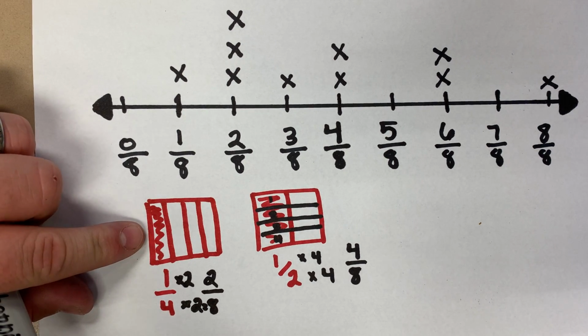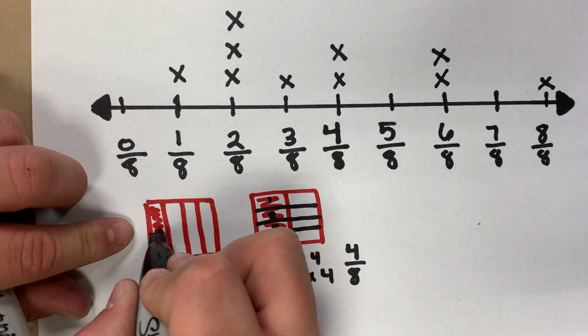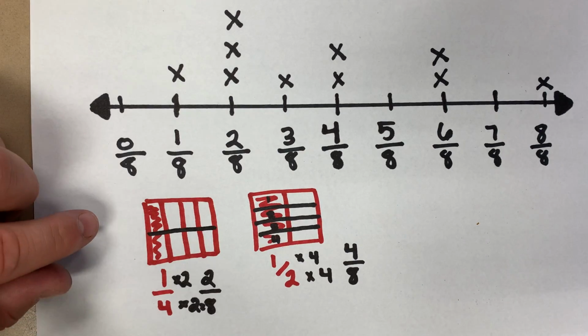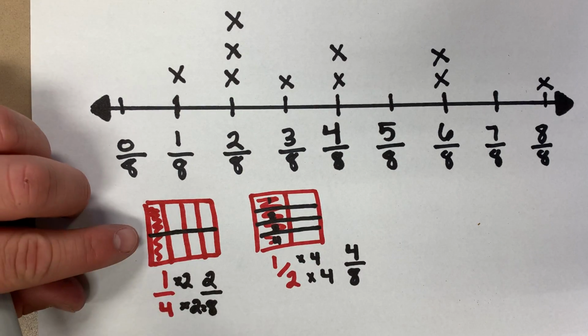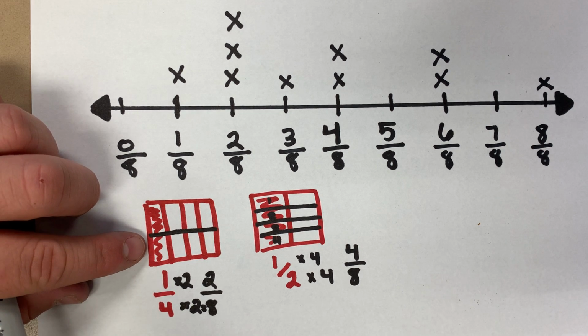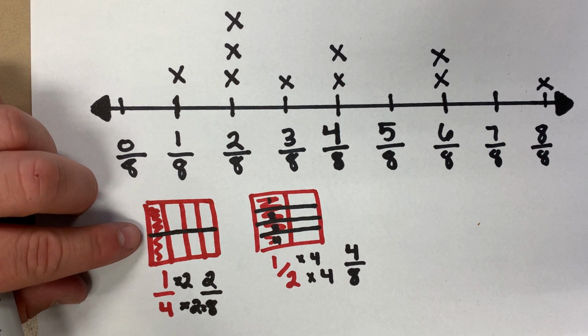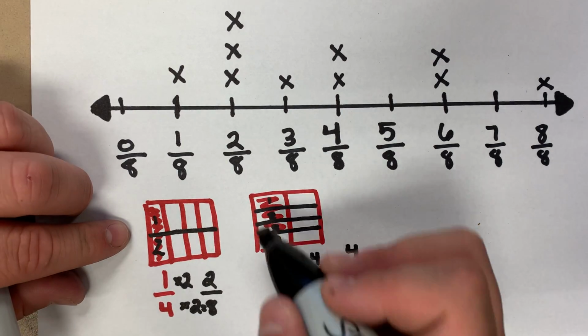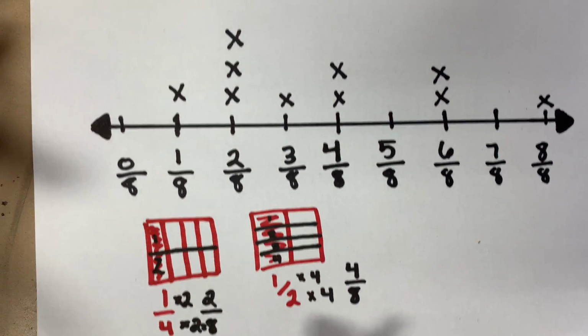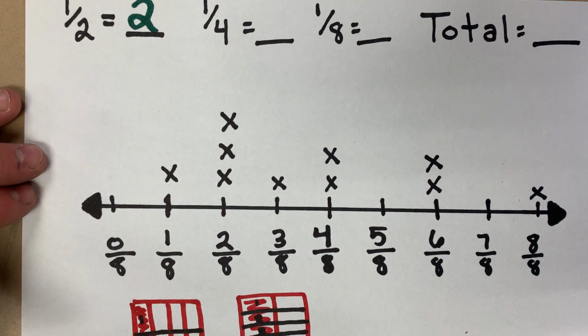And again, visually, I'm going to cut this horizontally into 2 pieces. That gives me 8 possible parts, but only 2 are shaded in. So 2/8 equals 1/4.